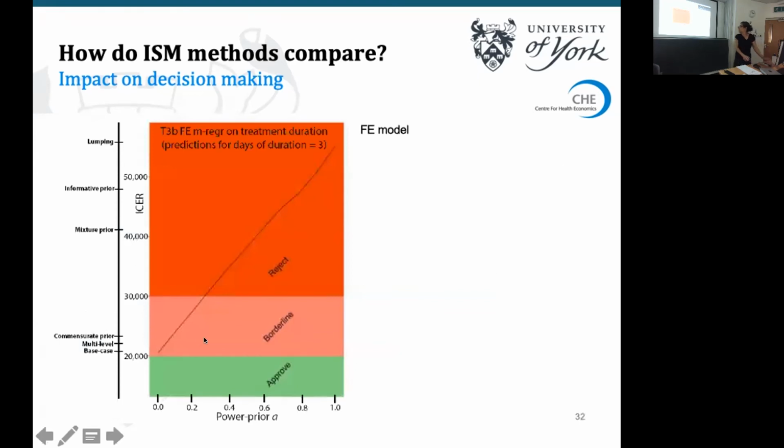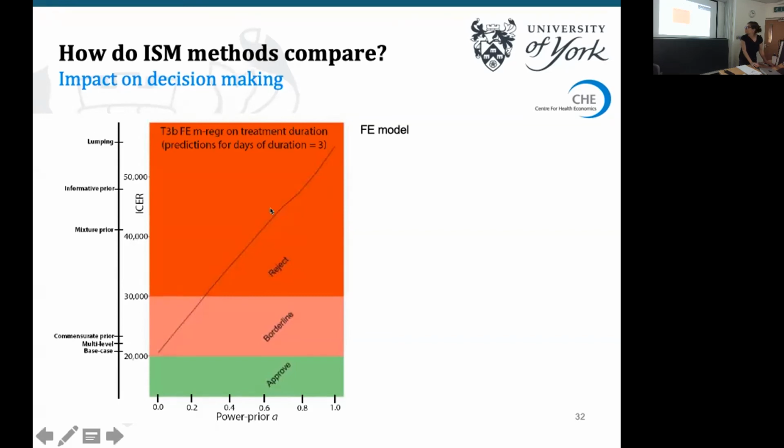So you can see here in this graph that if you split, so basically consider only the adult evidence, which is what we've done in the original project, you'd be borderline between approve and reject. So in green, you have the approve area, and in red, you have the reject area. There are explicit criteria set up by NICE on when to approve and when to reject a particular treatment based on value for money, based on cost effectiveness.